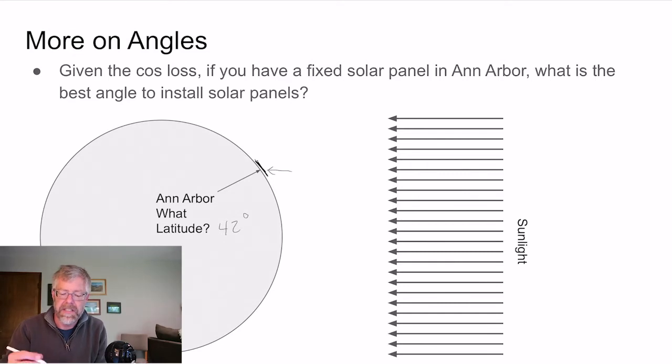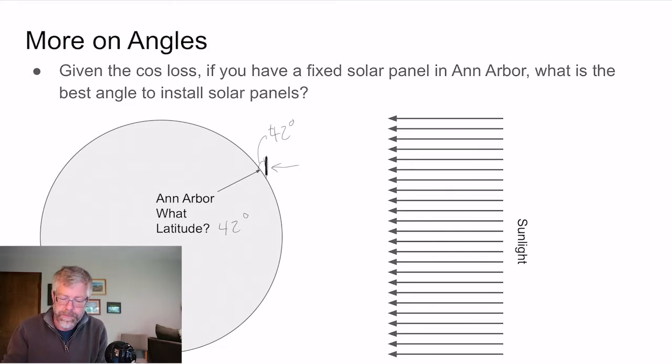So if you want the optimum amount of energy coming in, you would tilt your solar panels by about 42 degrees. That way the sunlight is coming in exactly perpendicular to your solar panels at noon, and you're getting the most optimum amount of energy coming in.